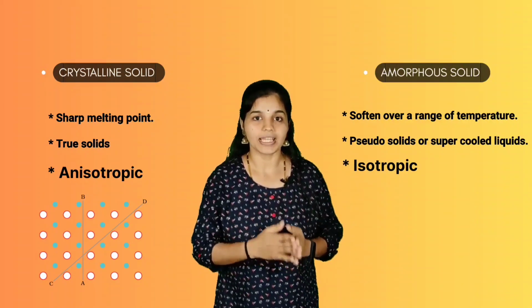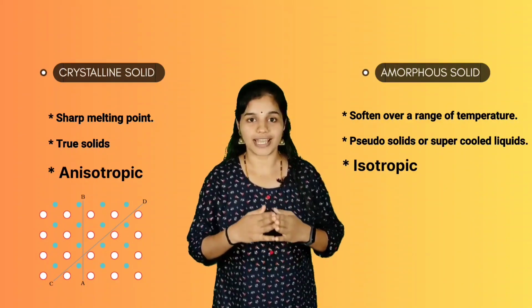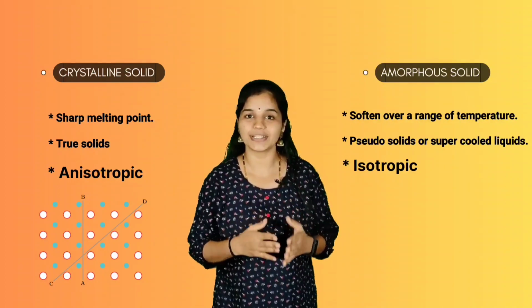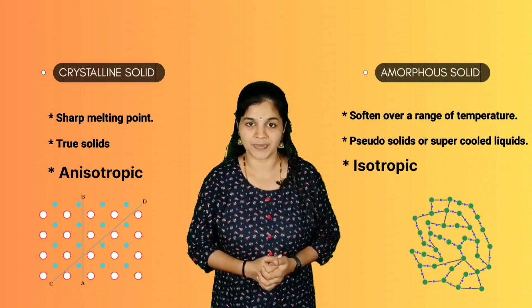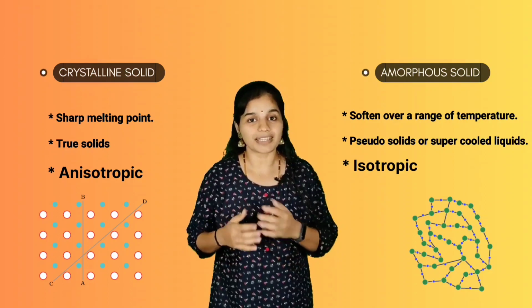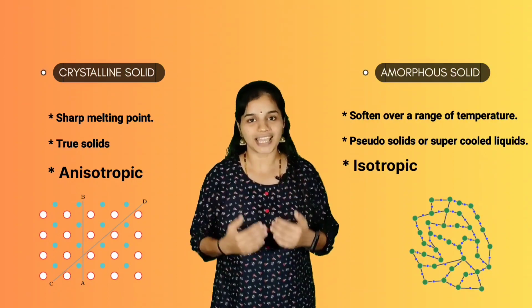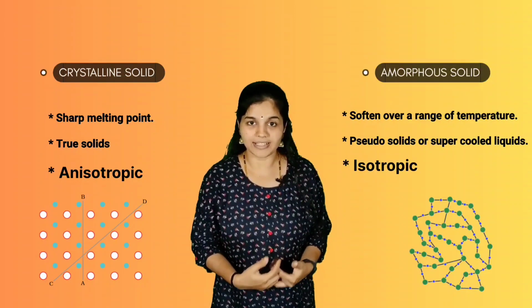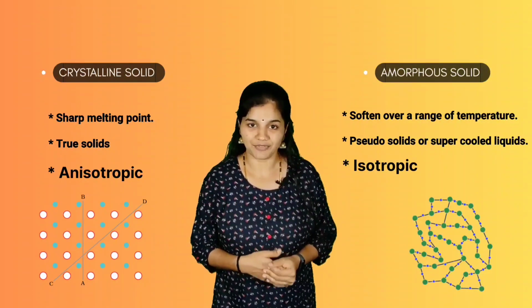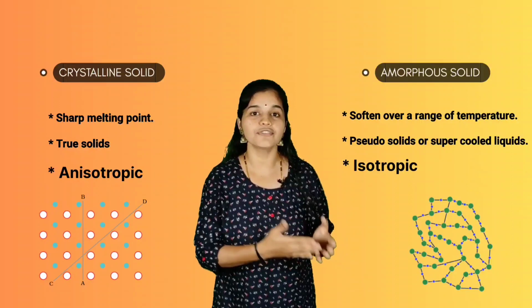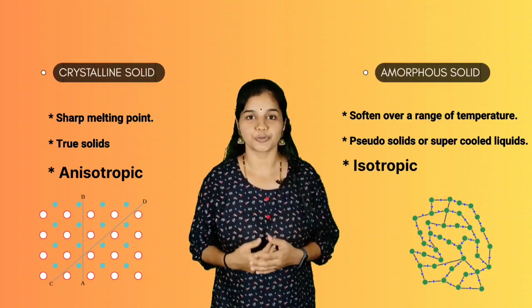It is because the arrangement of constituent particles is irregular along different directions. In whatever direction you measure the physical properties, you are going to get the same value, and therefore amorphous solids are isotropic in nature.